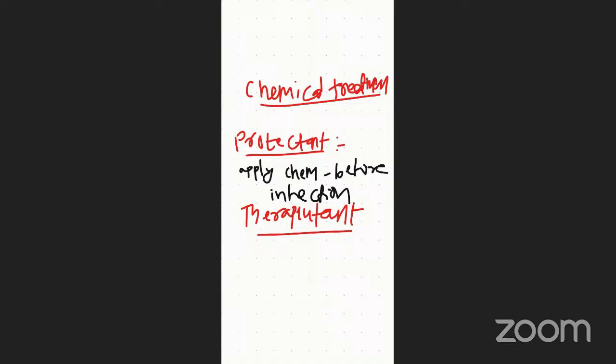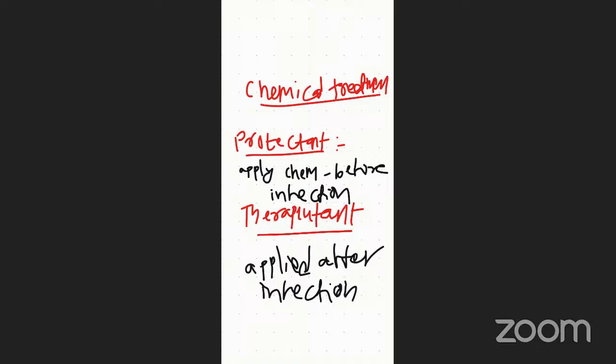That means after infection by the pathogen, when the pathogen has already attacked and caused the disease, now we apply therapeutants. Examples are carboxin, vitavax, oxazine, benomyl. They can all be applied after the infection, right?